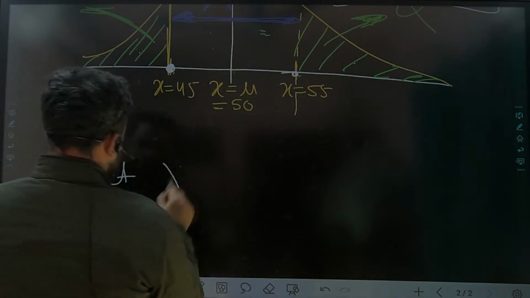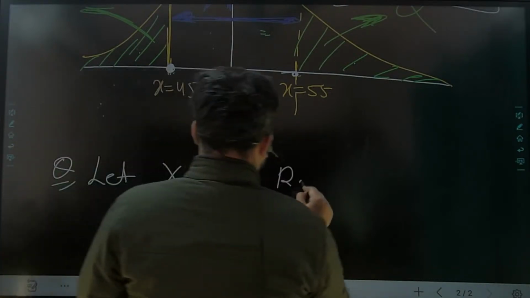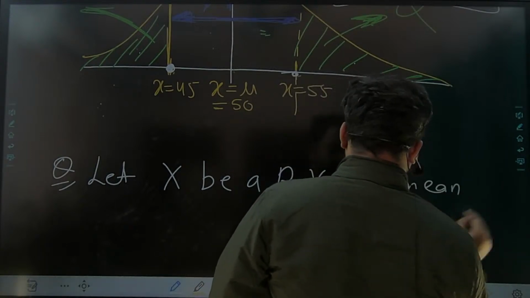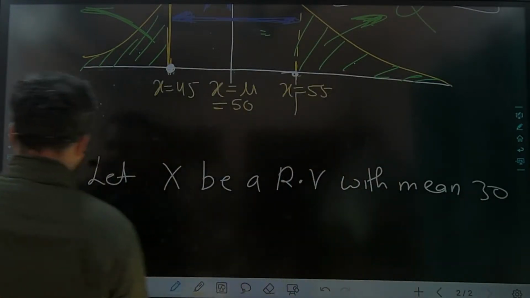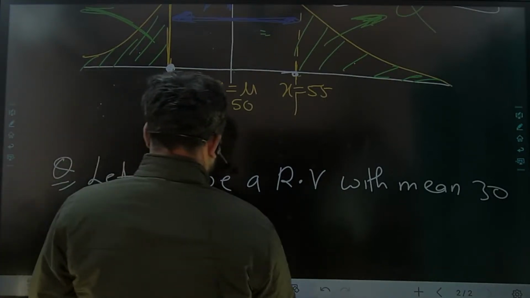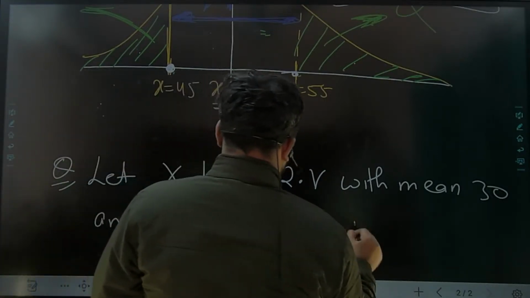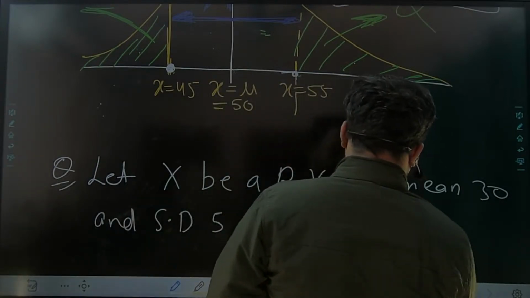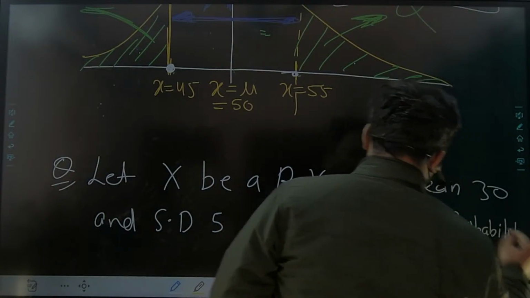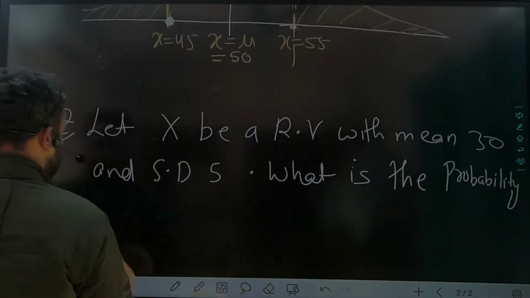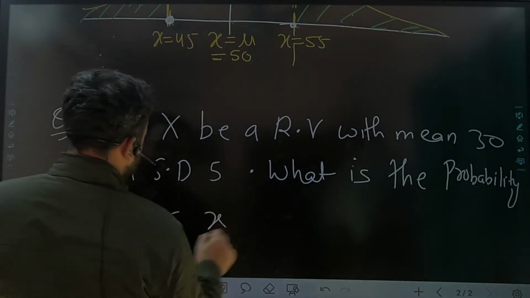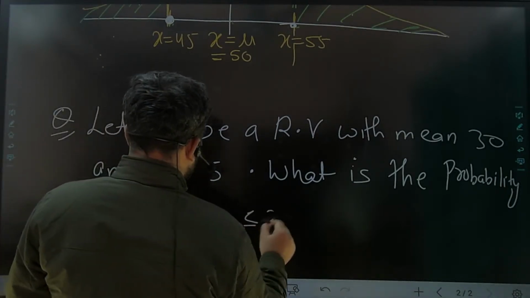So let x be a random variable with mean 30 and standard deviation 5. What is the probability that the random variable is greater than or equal to 26 but less than or equal to 34?